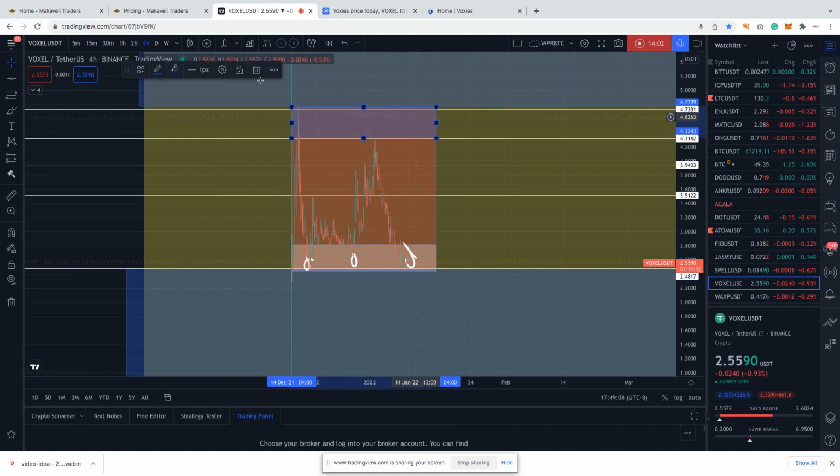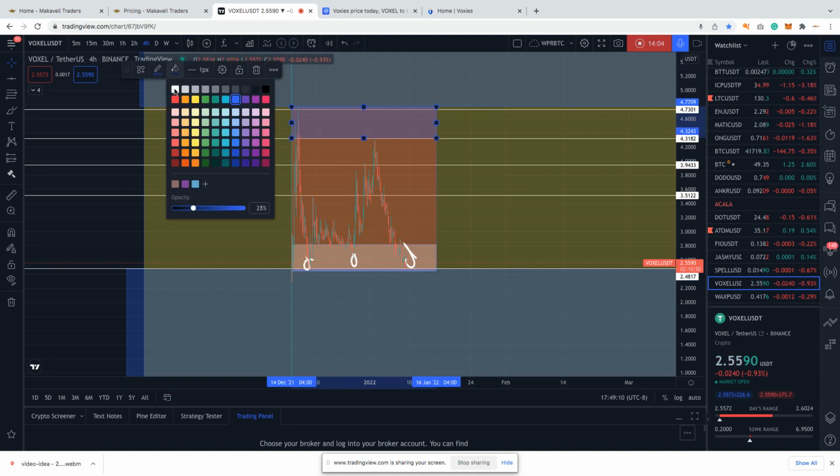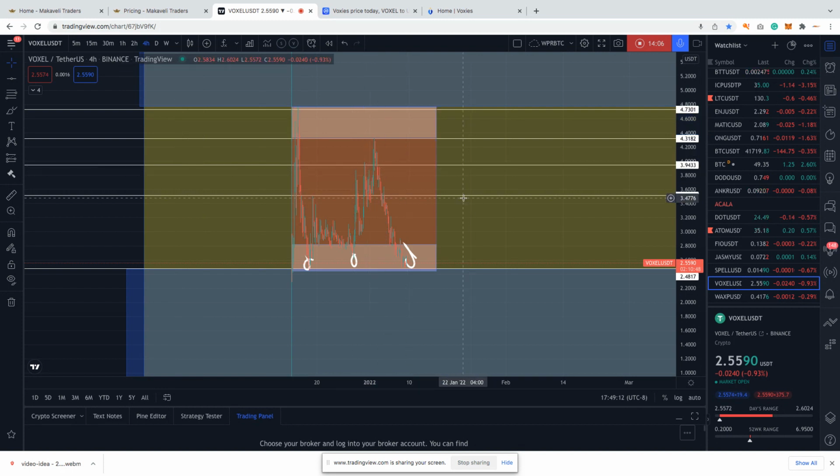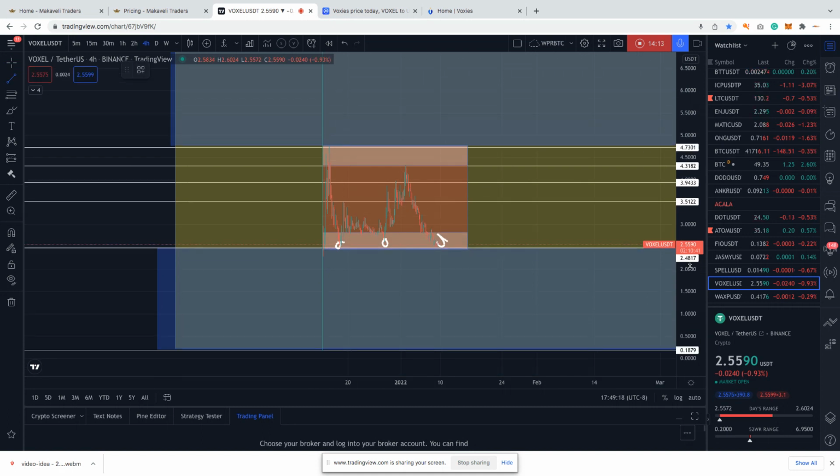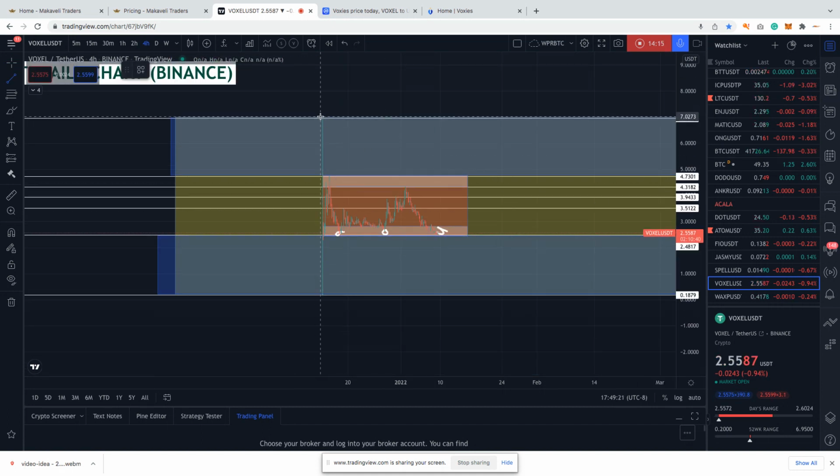Let me change the color. It's still respecting the demand area. And if I draw a buyer's line and a seller's line, a trend line, I will tell you this is what it's going to look like. It looks like a triangle is kind of developing.